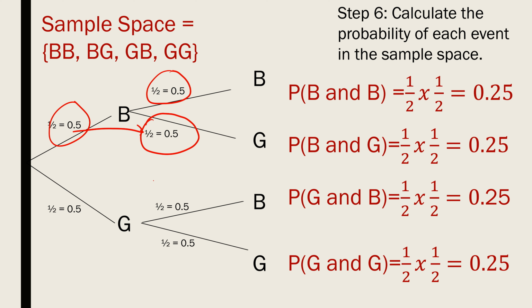The probability of G and B equals the probability of this branch times the probability of this branch. Last, the probability of G and G equals the probability from this branch times the probability from this branch.